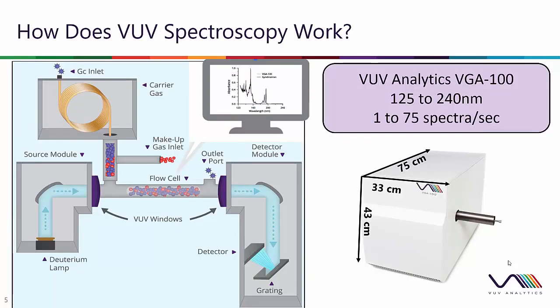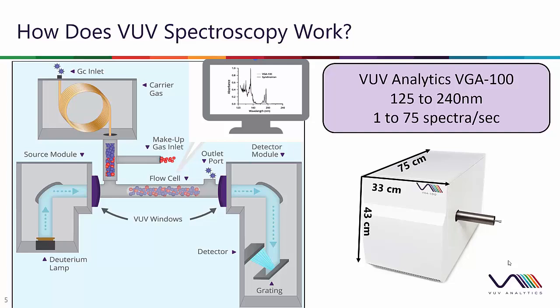So, how exactly does VUV spectroscopy work? Well, when you hook up a GC, the effluent that emerges from the column goes into the VUV detector. And you can see this in the schematic on the left hand side. And when the compounds enter into the VUV flow cell, UV radiation is provided from a deuterium lamp.